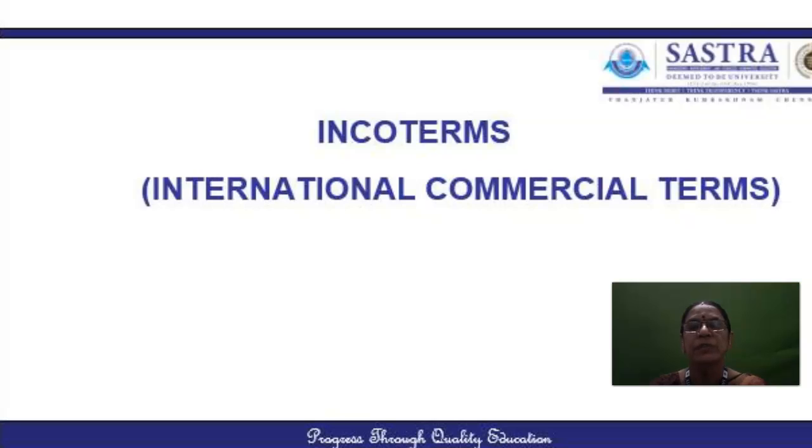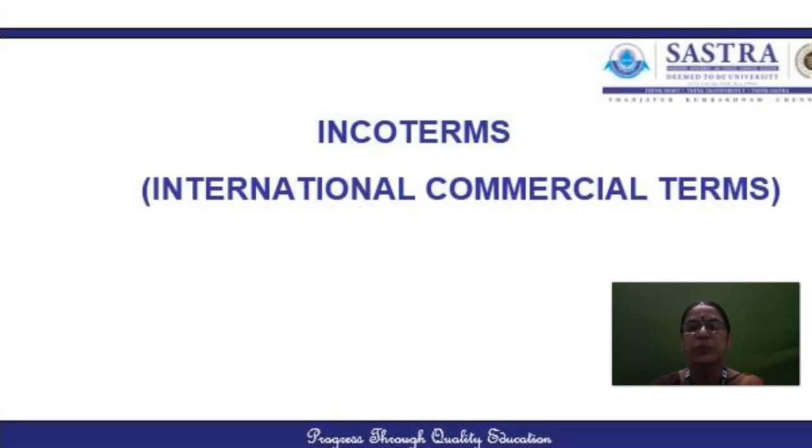So we have seen the various terminologies that have to be used in the contract, that is the Incoterms of the International Chamber of Commerce. The Incoterms have been defined in many ways: EXW, ex works, from the named place of delivery. FCA, free carrier, named place of delivery.